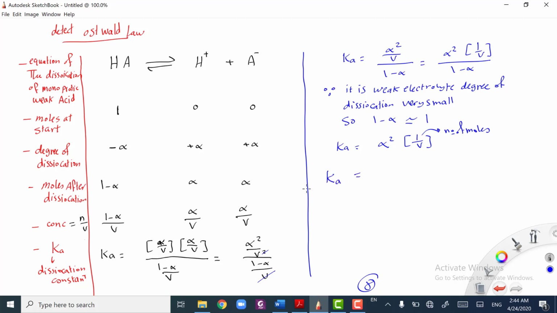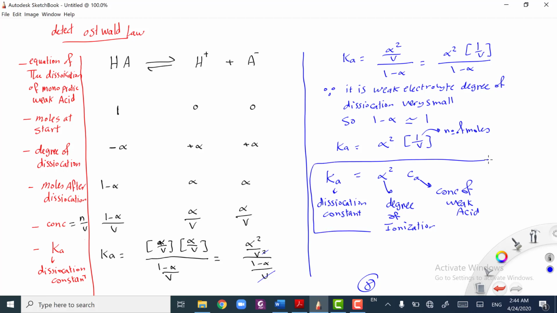So the final derivation, or mathematical relationship, for Ostwald law is Ka equals alpha squared times Ca, where Ka is the dissociation constant, alpha is the degree of ionization, and Ca is the concentration of the weak acid. This is Ostwald's mathematical relation.